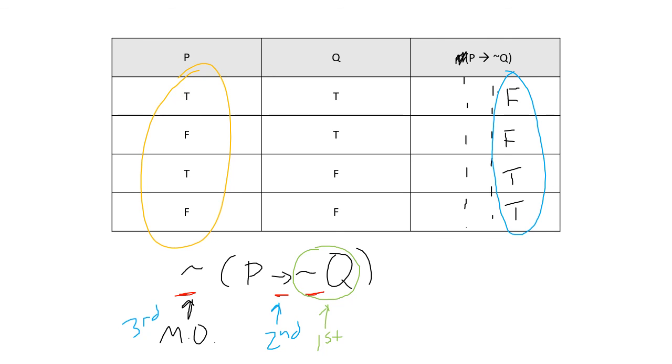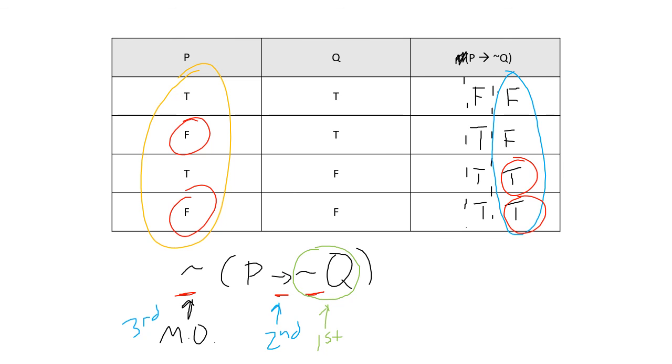So where's an arrow true? Well, it's true wherever the left side is false or the right side is true. And so in these situations, it will be true, true, true. And this top row is the only one in which it will be false, because you have a true antecedent and a false consequent.